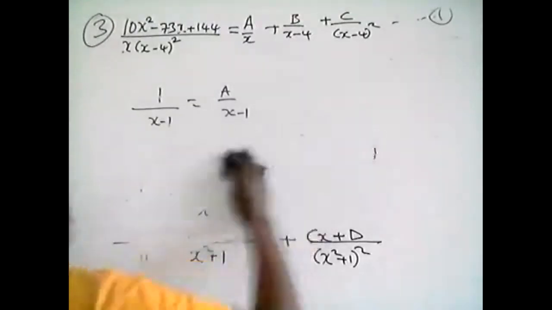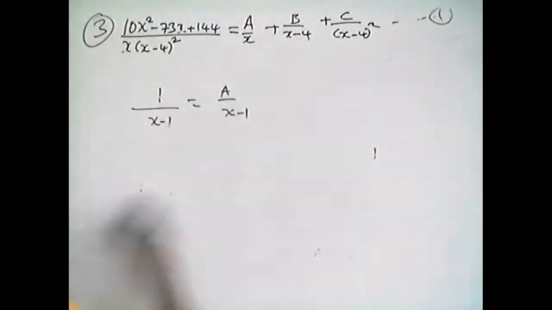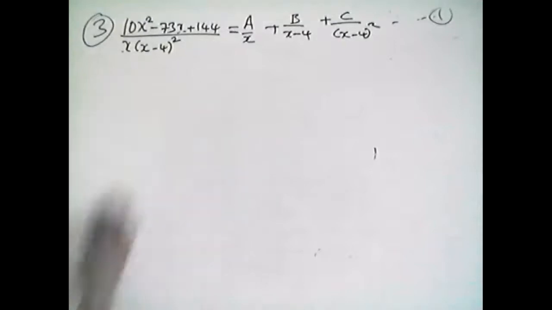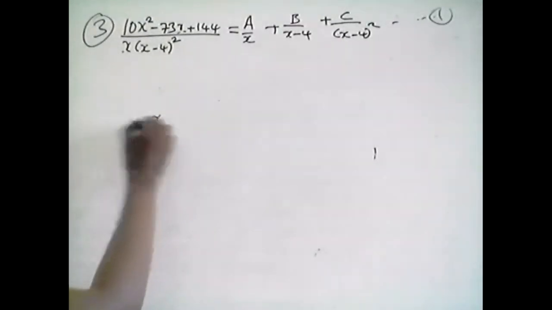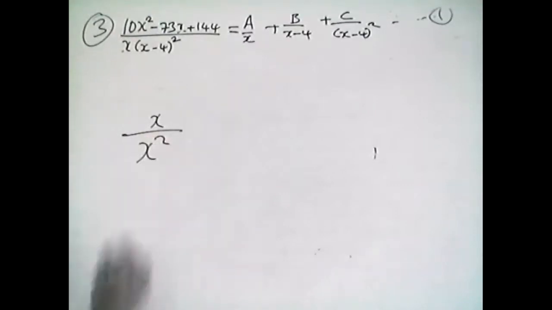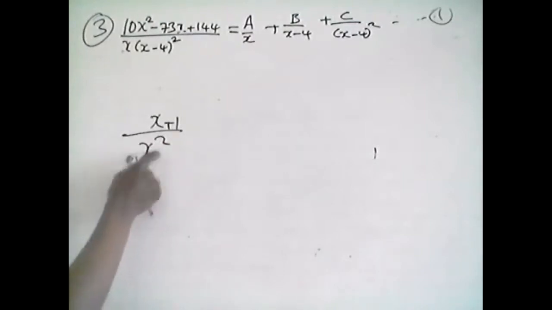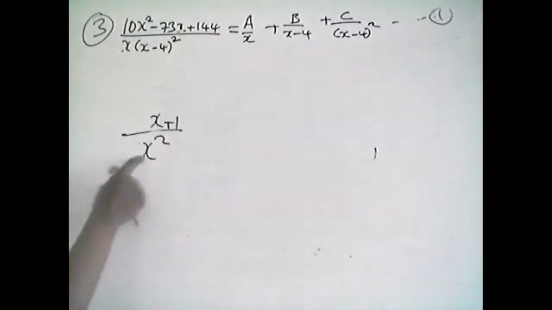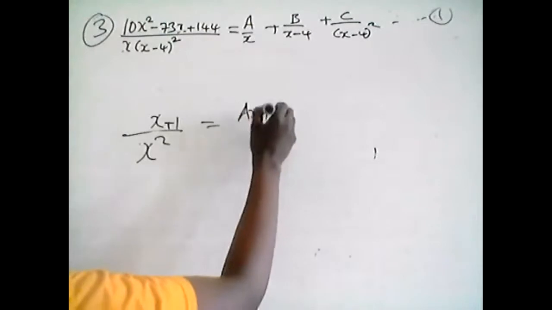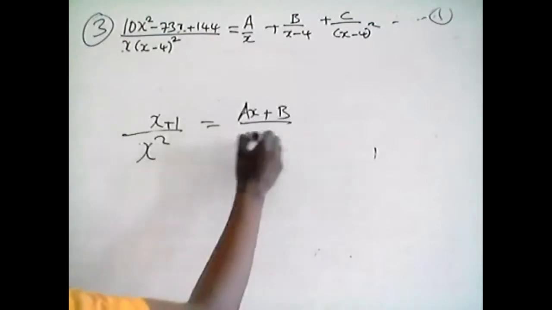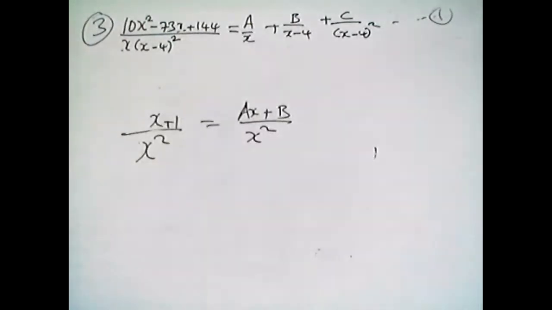So let's suppose we have, let's say, x over x squared plus 1. This denominator here is a quadratic. Since it's a quadratic, it will be ax plus b over, since we only have 1, it will just end there.